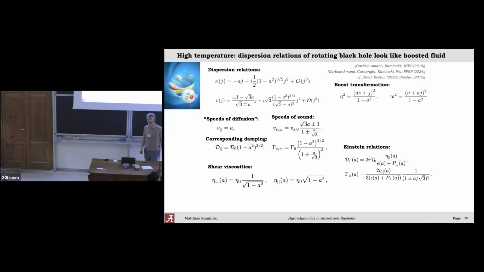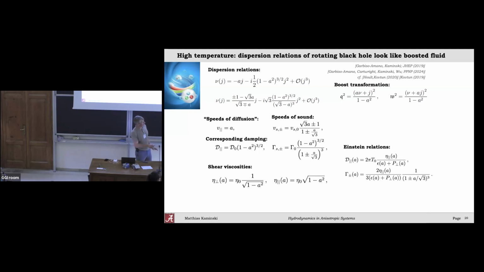And Pavel will know these very well, because these are exactly the relations that he wrote down for the dispersion relations of a boosted fluid. Because in this particular large temperature limit that we look at, the high temperature limit, the dispersion relations of fluctuations around the rotating black hole look like a boosted fluid. And this "look like" is very important, because it took us 5 years to understand that that's the case.